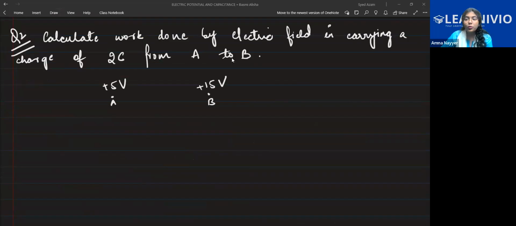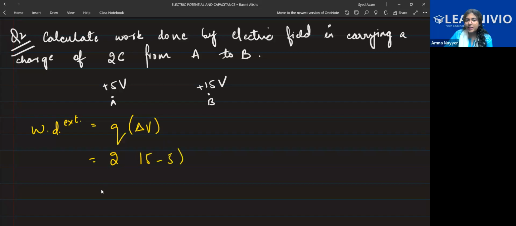Now we know the work done by the external force. So work done by the external force will be charge multiplied by the change in potential. So charge is 2 coulomb, change in potential: see, final potential is 15, initial potential is 5. So this will be 2 into 10, that is 20 joules.